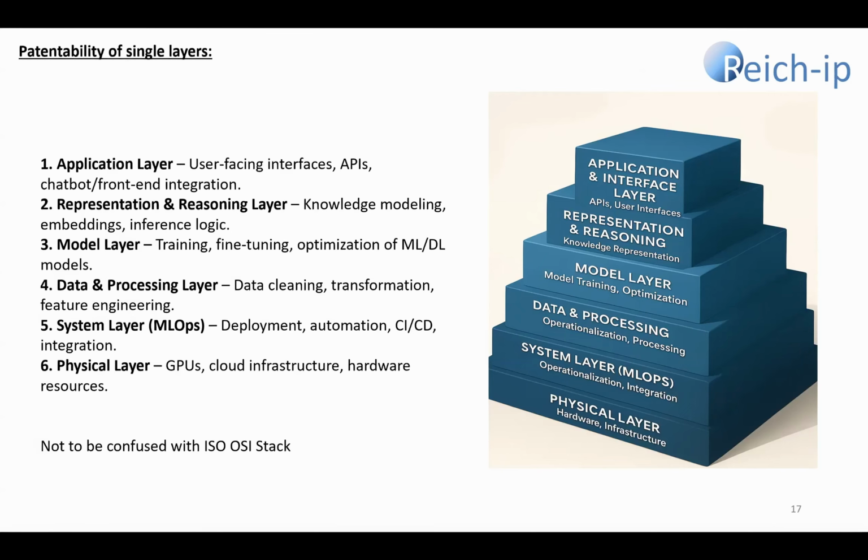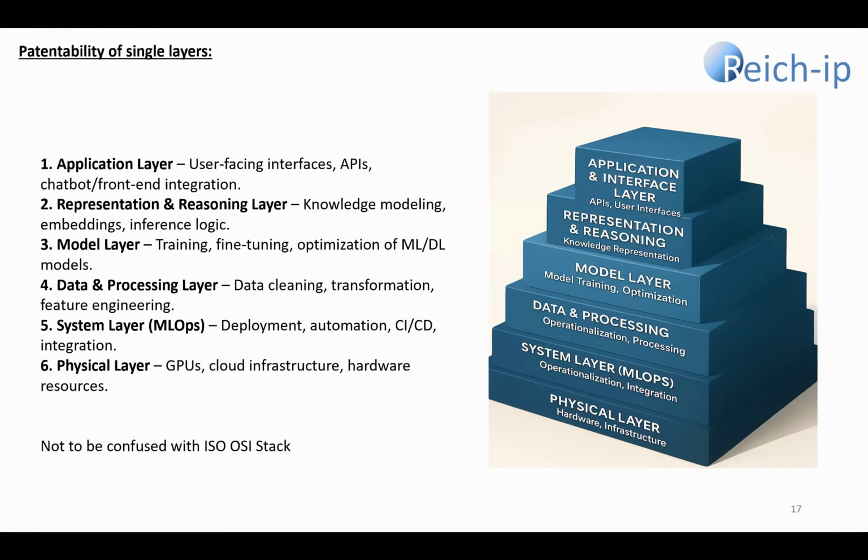So, of course, we don't have a single stack of AI application models. This is just an example. On the bottom, we have the physical layer, which is the hardware, the infrastructure, and on top we have the application layer, meaning the implementations which are based on further layers such as the representation layer, the model layer, so the large language models, and then we have the data processing model and the system layer with interfaces between those layers.